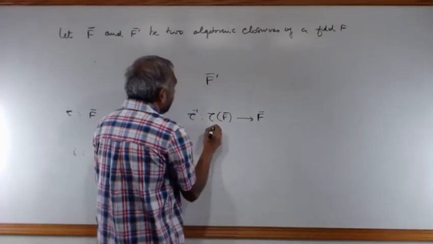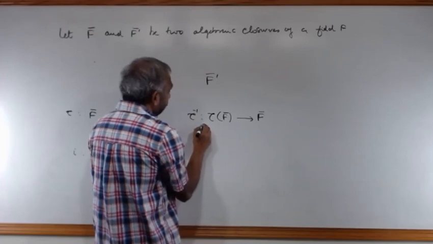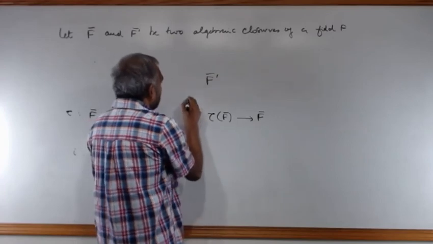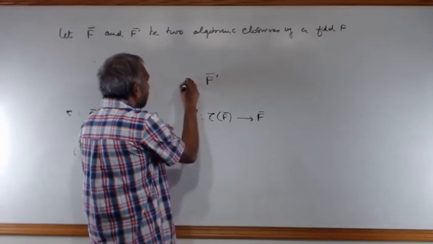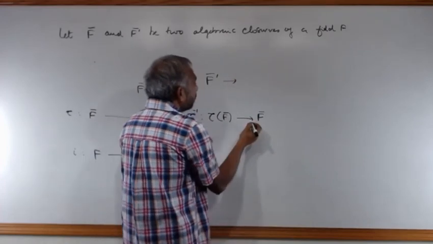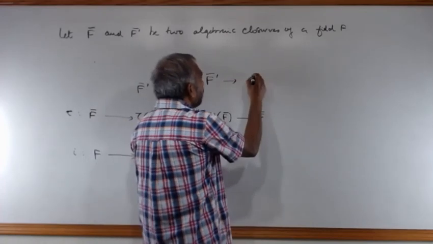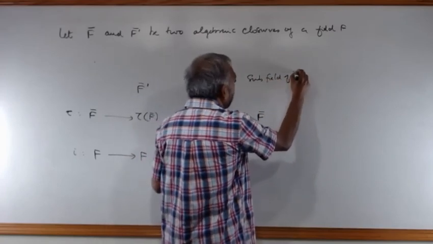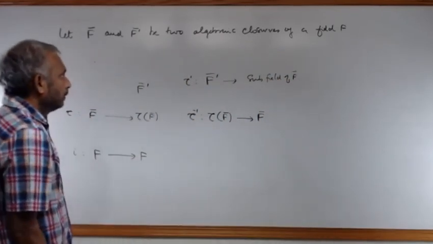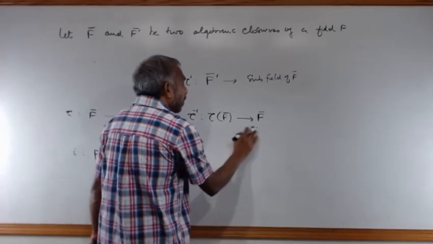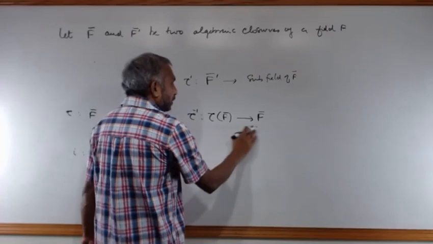So we can extend this one to another isomorphism, let's say tau bar, to a subfield of F closure. But this is already an onto function. It is already onto.